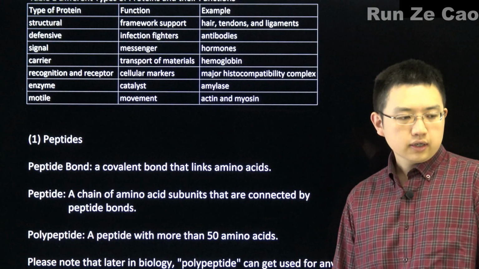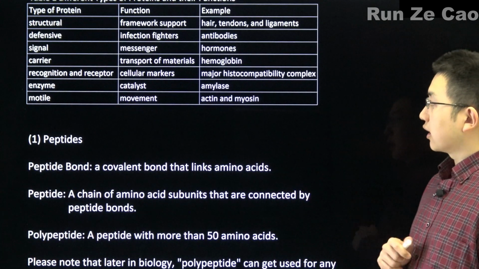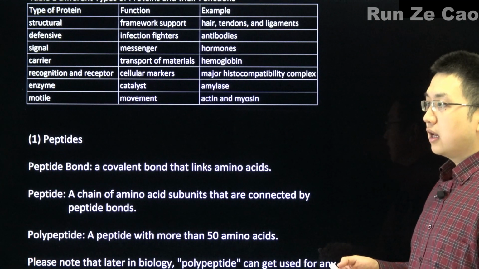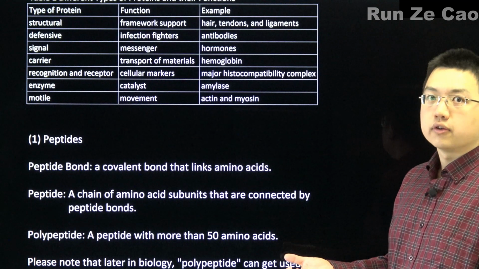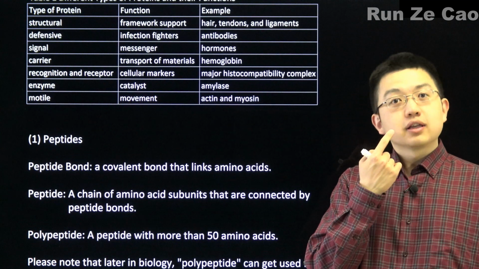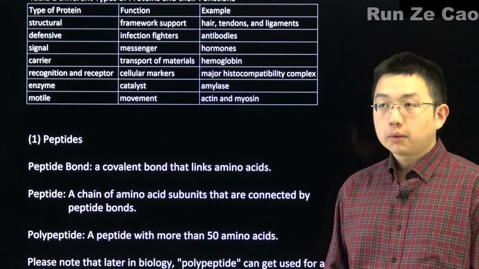Now, proteins can also be used as recognitions and receptors, so say major histocompatibility complex and various other receptors that we find, such as, well, the receptors we use for scent are proteins.